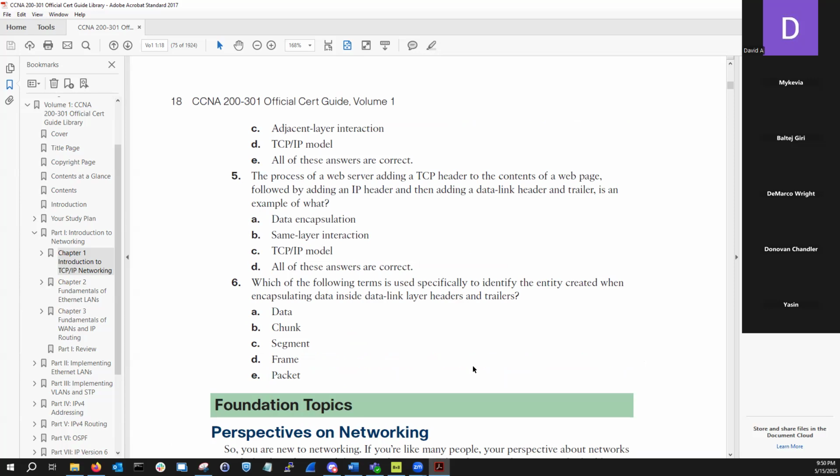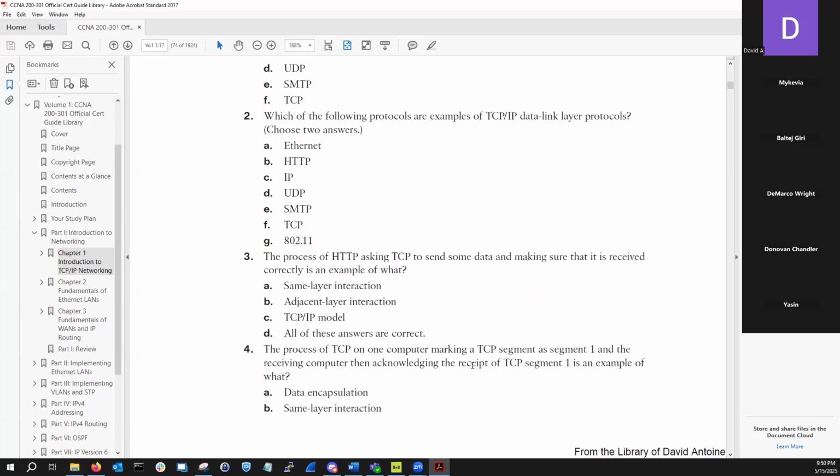That will fall under layer 4, I think, the transport layer. I'm going to say B, same layer, because it's both under the transport layer, which is layer 4. I don't get a lifeline. I think it's B. Let me go with B.